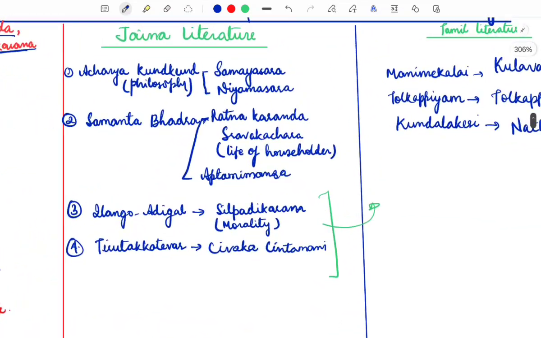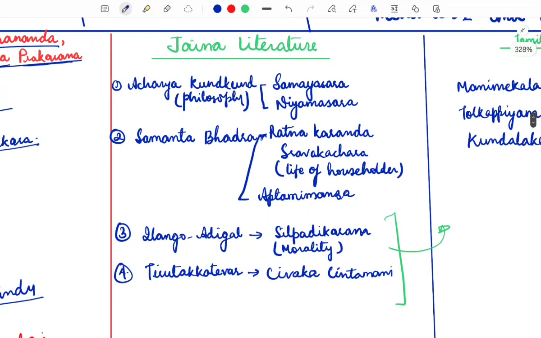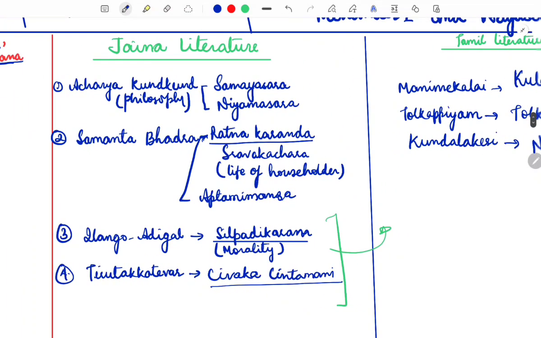Let's go to the Jaina literature. In the Jaina literature there are 4-5 works you need to remember, and I'll be highlighting those persons and names. Ratna Karanda is also important, and next Silappadikaram and Sivaka Chintamani, which you can include in the Jaina literature and also in Tamil literature, because these texts were written in the Tamil language.